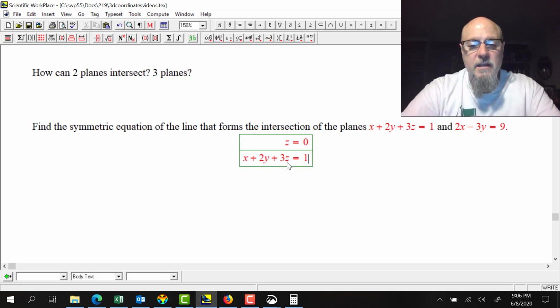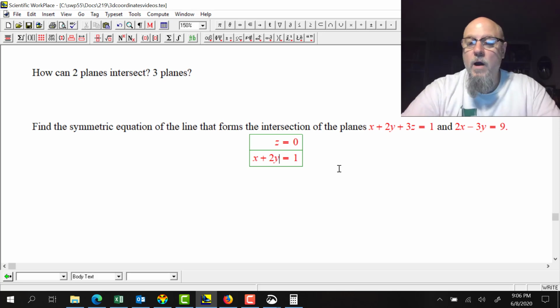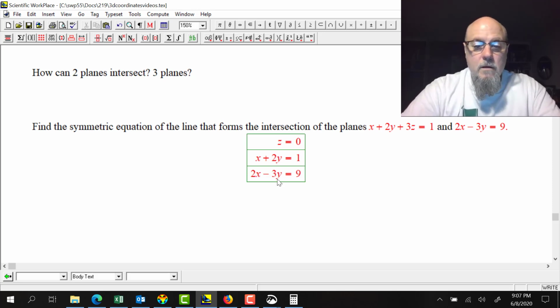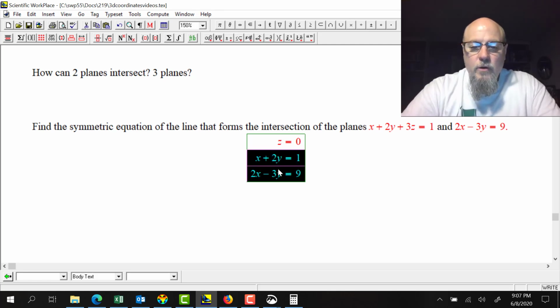To be on the first plane, x plus 2y has to equal 1. To be on the second plane, that has to be true too. So now I've got two equations, two unknowns, and I can solve for x and y.